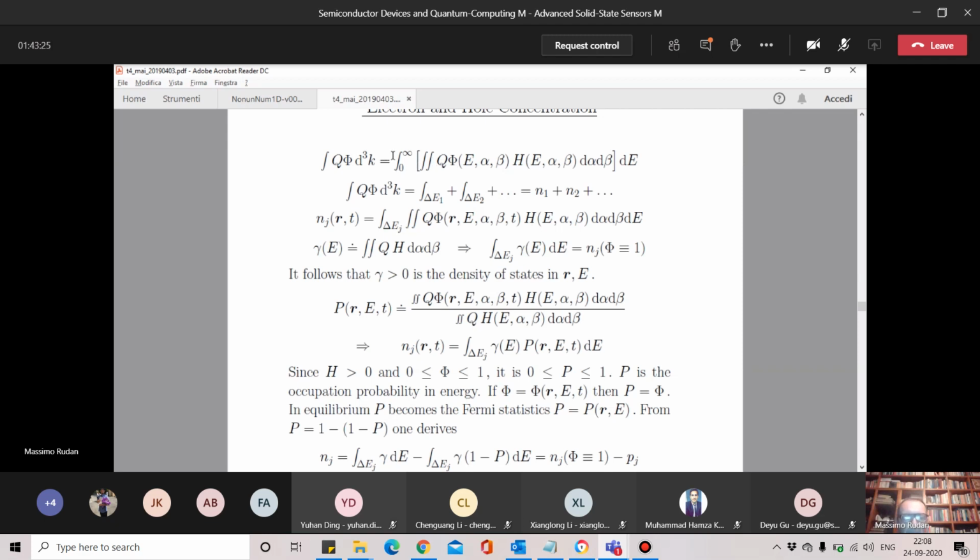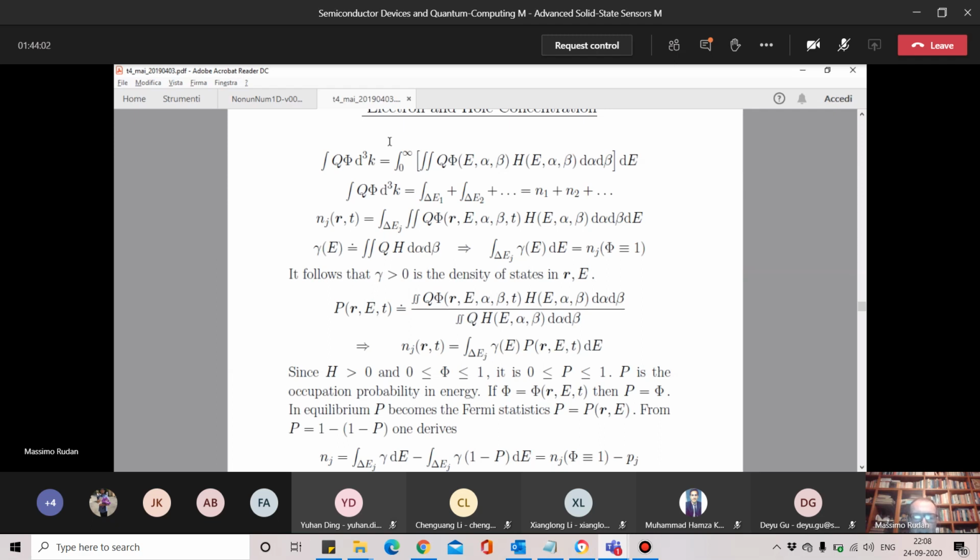What are the integration limits of energy? If you consider a crystal, you remember the energy will start from zero. There will be some zero of energy at some position. And then when you go up, you have infinite bands. So the integration over energy must go from zero to infinity. But in a crystal, you have allowed bands and forbidden bands.